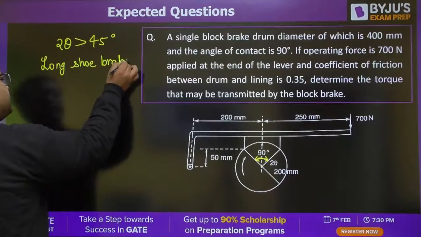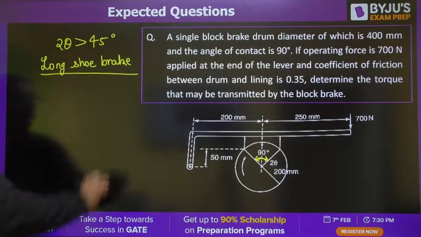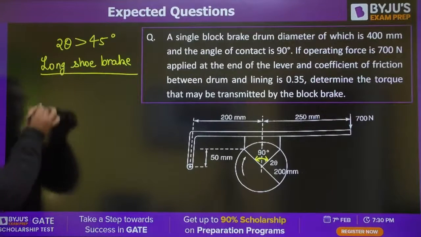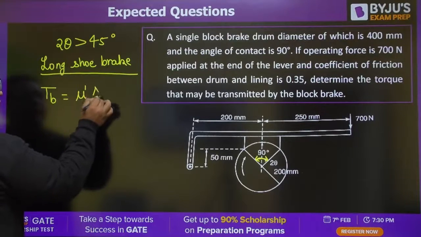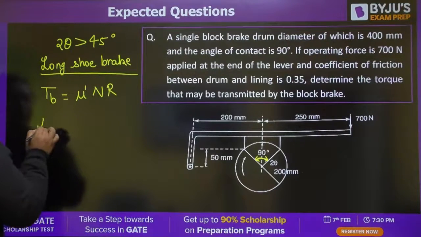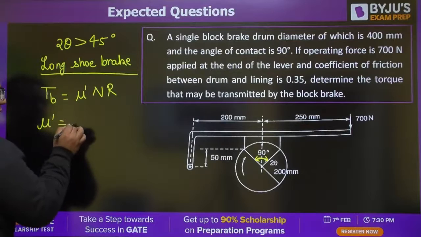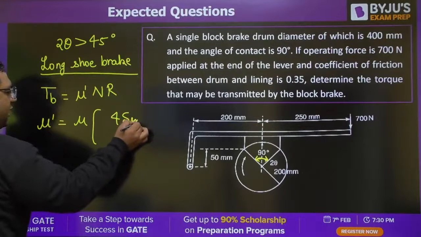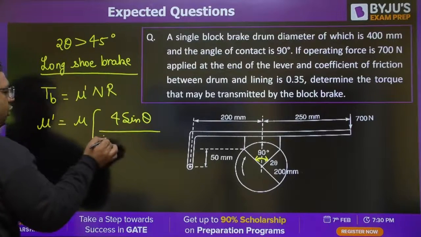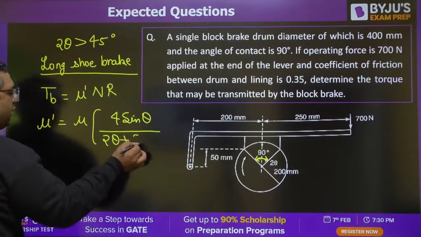So if we have this brake to be a long shoe brake, then my dear, you know what the formula is? Braking torque will be mu dash NR. You must be aware mu dash is given as mu into 4 sin theta upon 2 theta plus sin 2 theta.